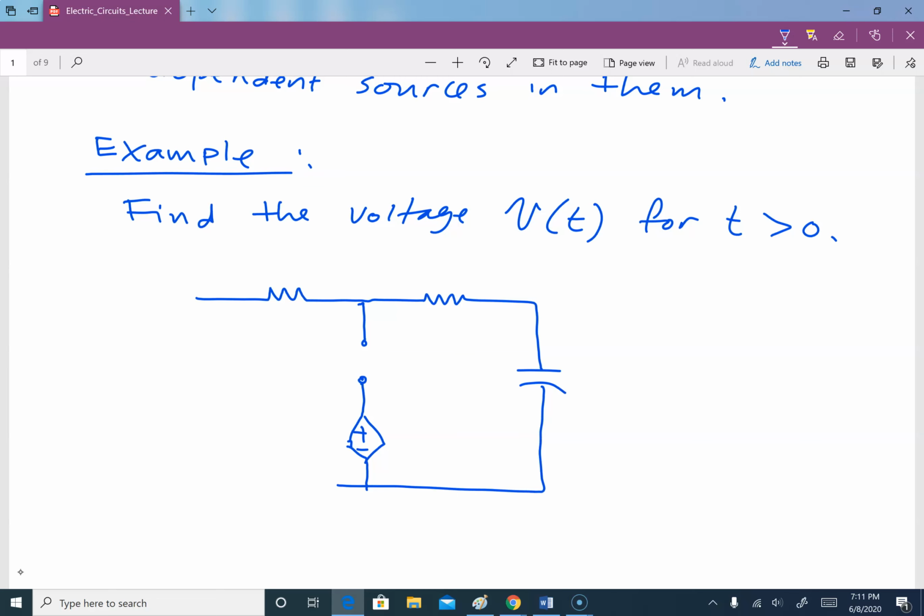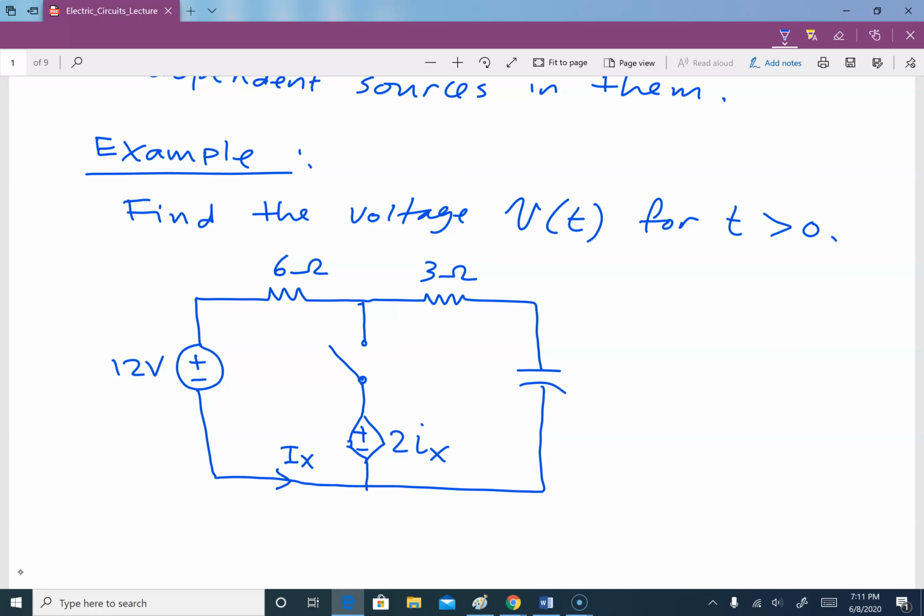Plus, minus, this is 2ix, this is 3 ohm, 6 ohm, over here we have a 12 volts, and our ix is flowing here.